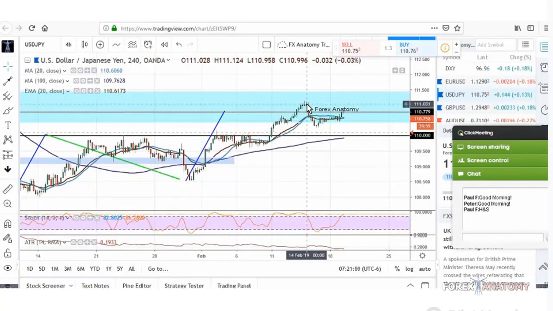This level of 111.00 is also considered a psychological level. But we see price hitting this banking zone at 111. So what we saw was the bears come in and push this price lower.